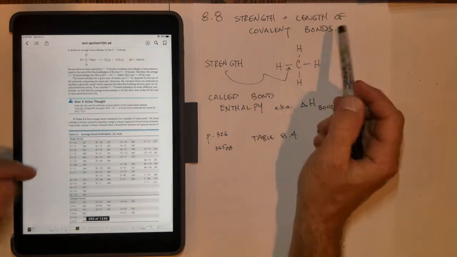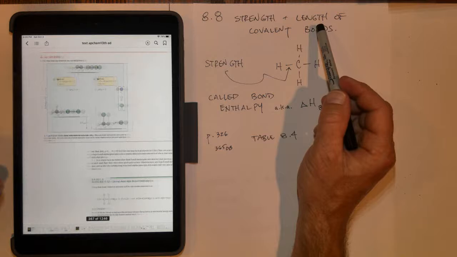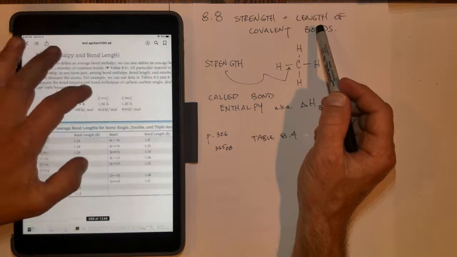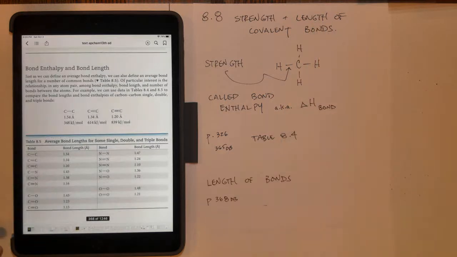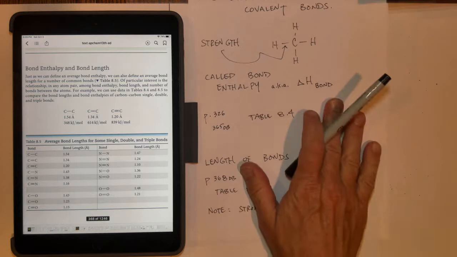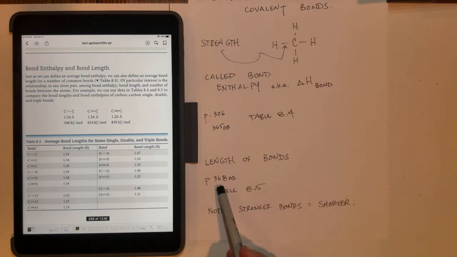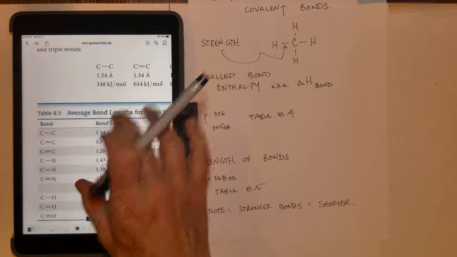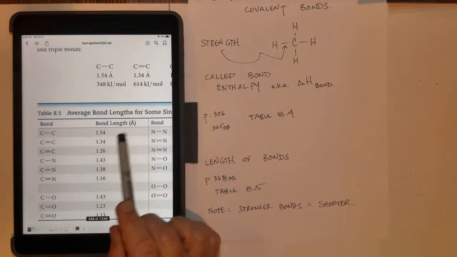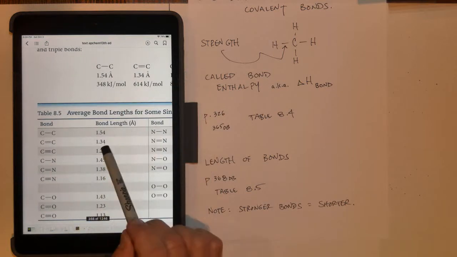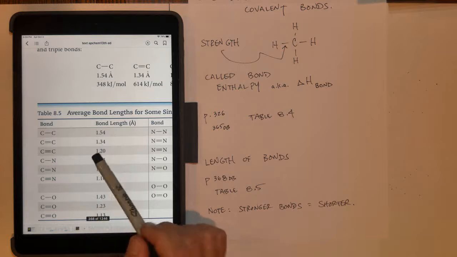The second thing is the length of covalent bonds. Covalent bond length is very related to its strength. The length of bonds can be found on a table on page 368 in the digital book, or table 8.5. And you can see right here that the length of a carbon-carbon single bond is 1.54 angstroms, whereas a double bond is 1.34 and a triple bond is 1.20.